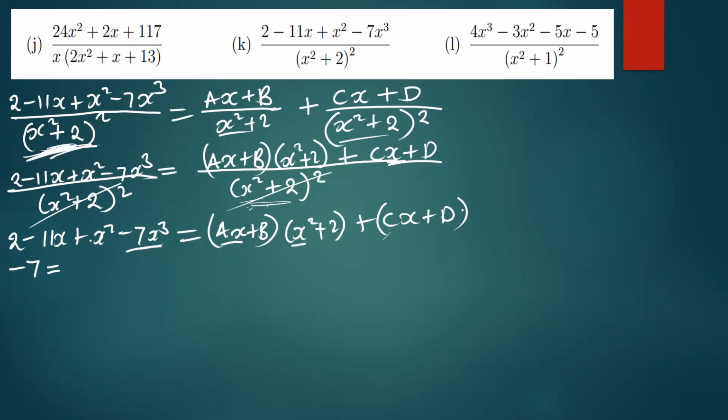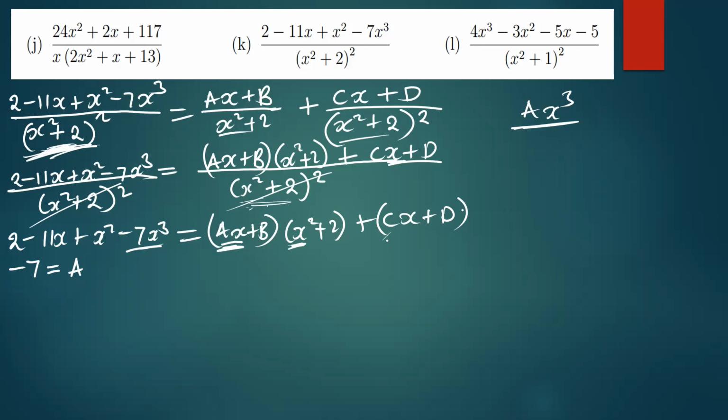So ax times x, you get what? Ax cubed. So the coefficient of x cubed, this side, is what? Is only a. Because there are no other terms that you can multiply this side to get x cubed. So it's only this part and that part. So we have this a there.